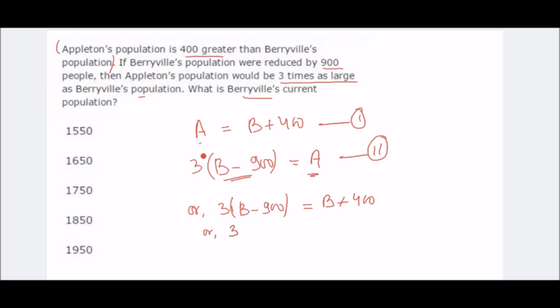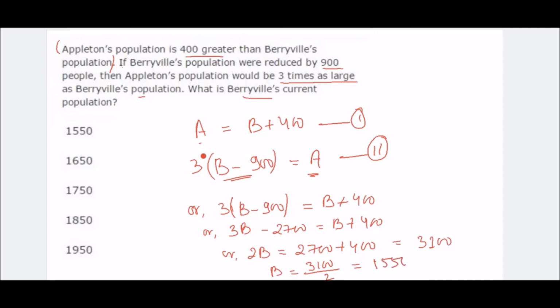That will be 3B minus 2700 is equal to B plus 400. 2B is equal to 2700 plus 400, and that will be 3100. B will become 3100 divided by 2. Answer will be 1550. So our first option is the answer.